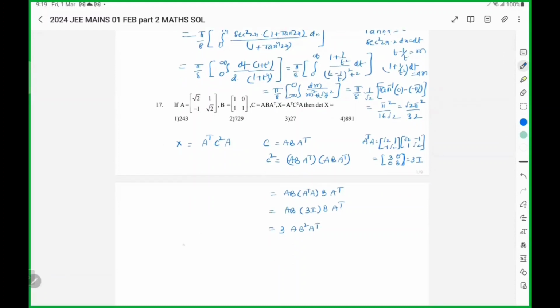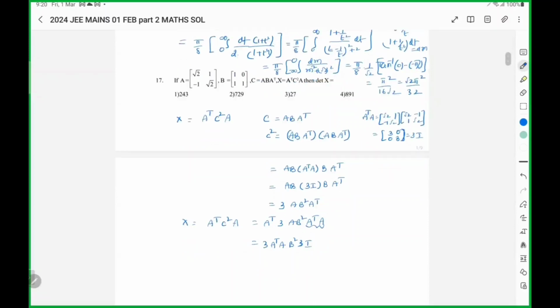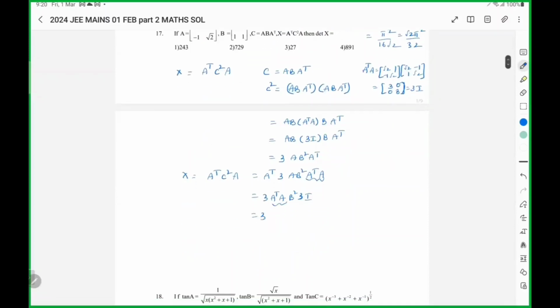So X here is A transpose C square A. C square is 3 A B square A transpose A. A transpose into A, which is 3 A transpose A B square. 3I. Here it is again 3I into B square 3I. So 27 B square.